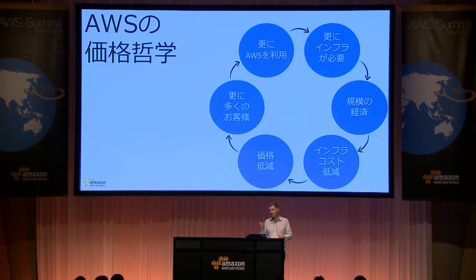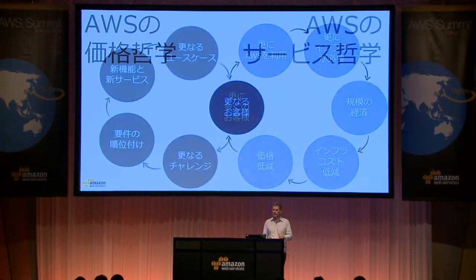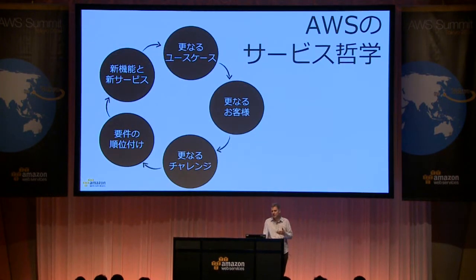We also have a cycle that we use within the service teams, and this is the service philosophy, how we engage and talk with and understand the problems and challenges our customers face, and take that information and turn that into requirements and priorities and features and services. New services that you've seen launched in the last couple of weeks are results of this type of approach.